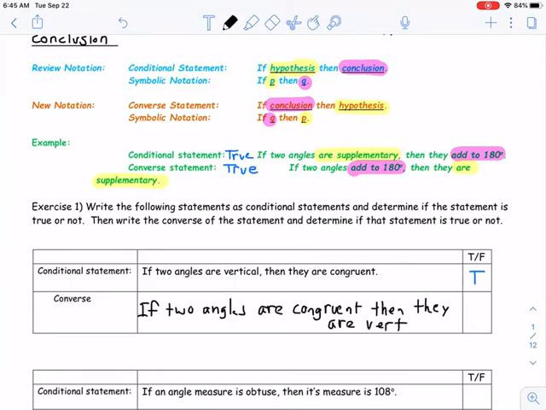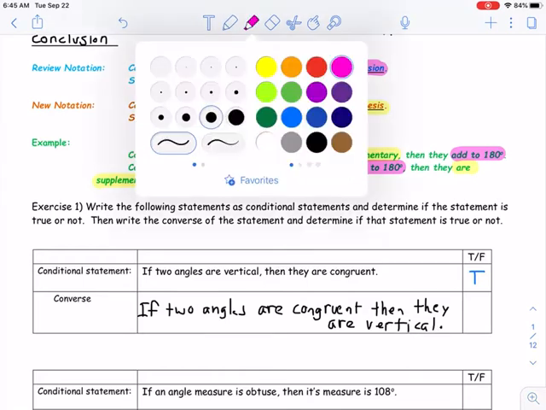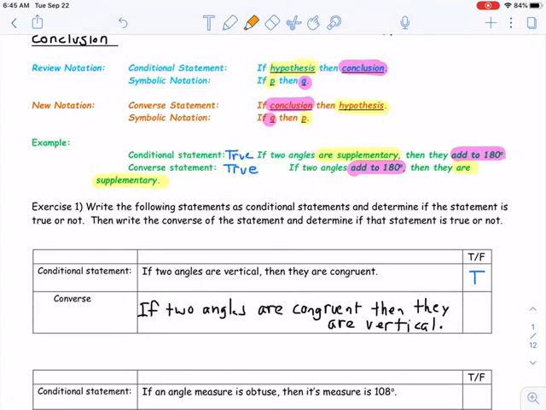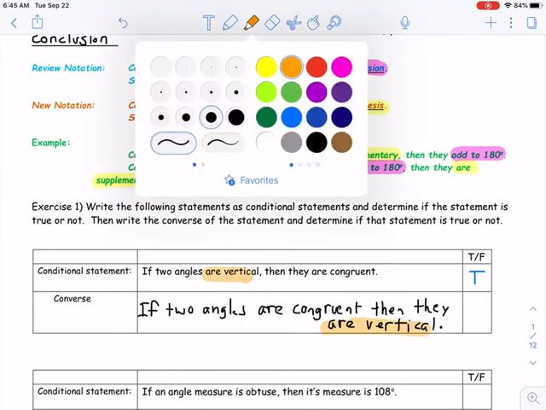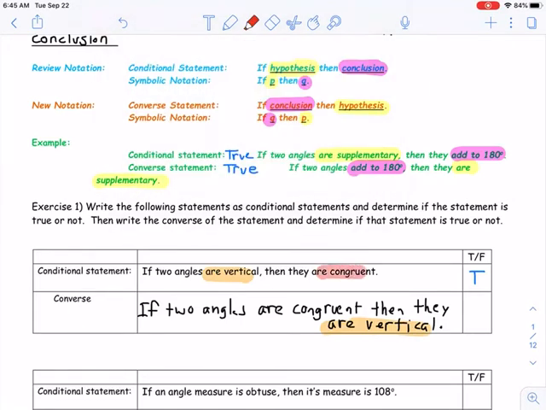So for the next few days, we're basically writing sentences. So you might want to get good at typing, or you might just like writing, whatever that may be. So again, to emphasize, are vertical, swap to the end. Are congruent, swap to the front. We're swapping the hypothesis and conclusion.